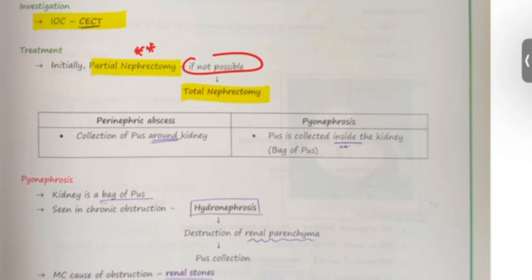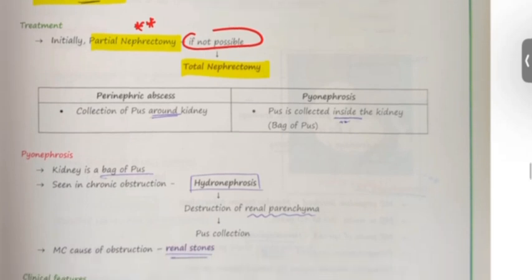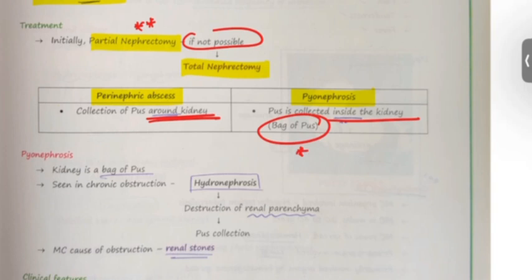So now we will have to know the difference between perinephric abscess and pyonephrosis. Perinephric abscess is a collection of pus around the kidney. But in pyonephrosis, pus is collected inside the kidney, or the kidney behaves like a bag of pus. Okay. So if this is a kidney, if the pus is in the fat around the kidney, this is perinephric abscess.